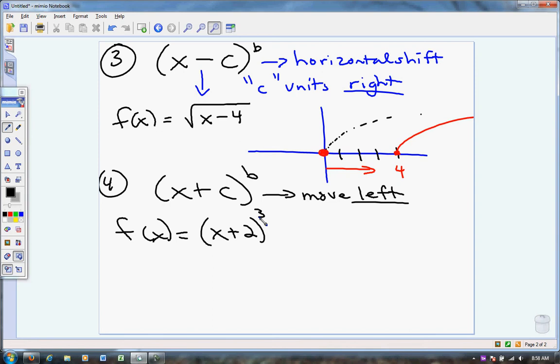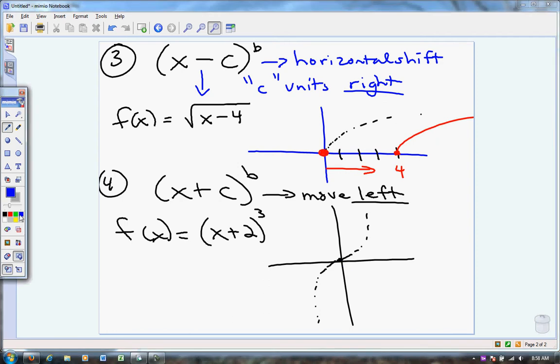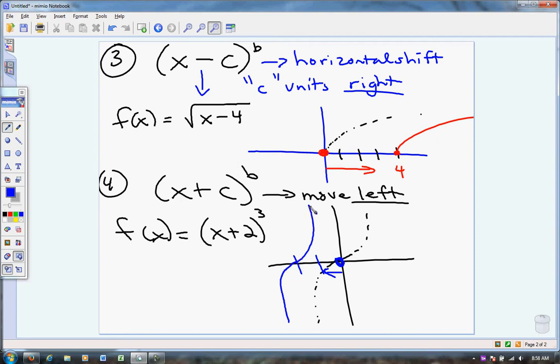Well, the regular cubic function, the granddaddy cubic function, looks like that and goes through the origin. This one is going to be moved to the left 2 units. So this point right here is going to go this way, and now it's going to go through that x-intercept of -2. Moved to the left 2 units.